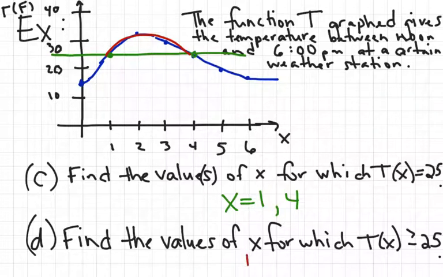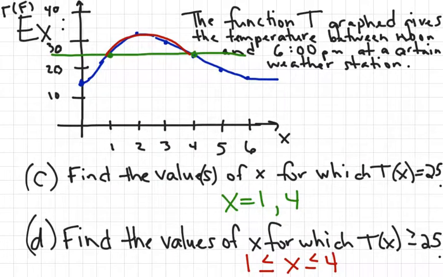So we would say from 1 until 4, this graph is greater than or equal to 25. That means between 1 p.m. and 4 p.m., which does make sense because in general, the weather tends to be warmest between 1 p.m. and 4 p.m.